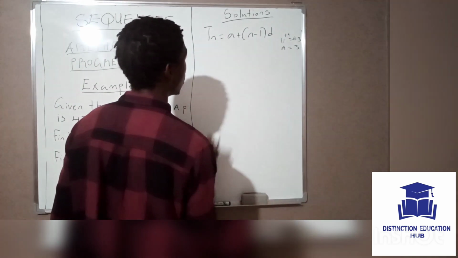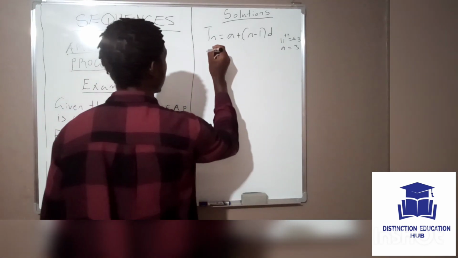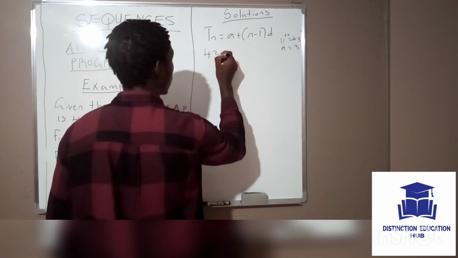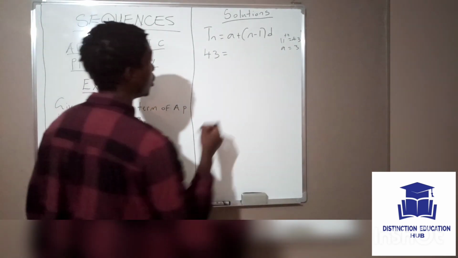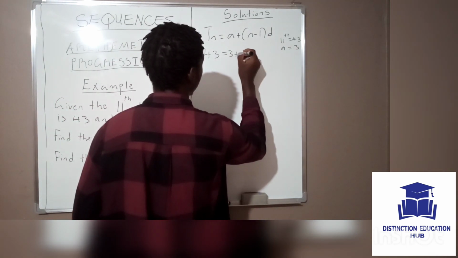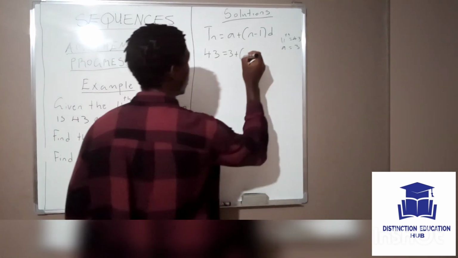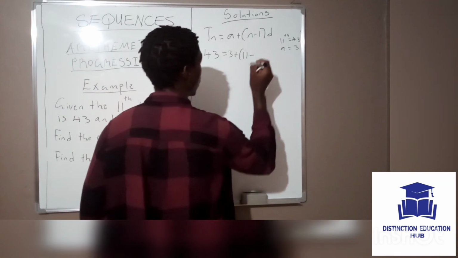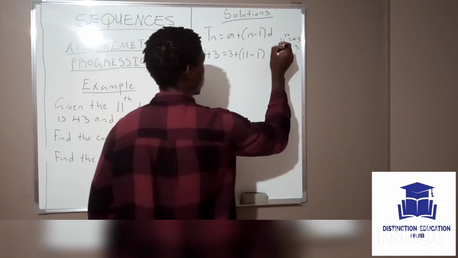You say 43 is equal to, what is our first term? Our first term is 3 plus, what is our nth term? Our nth term is 11 minus 1, close brackets, d.